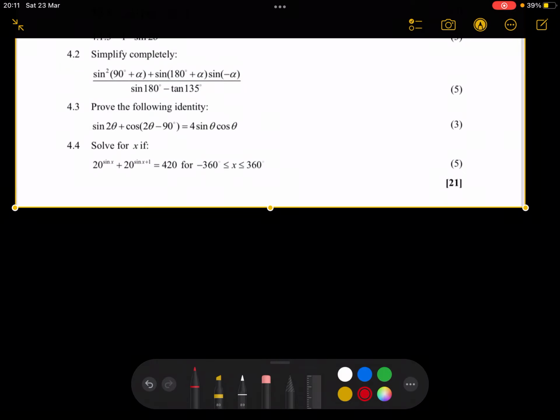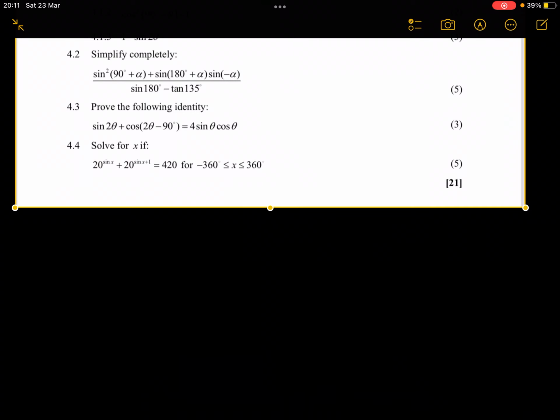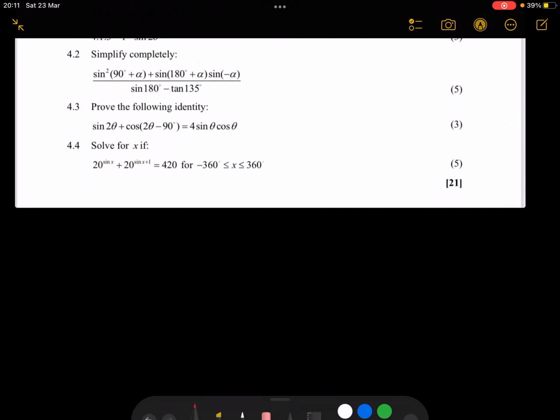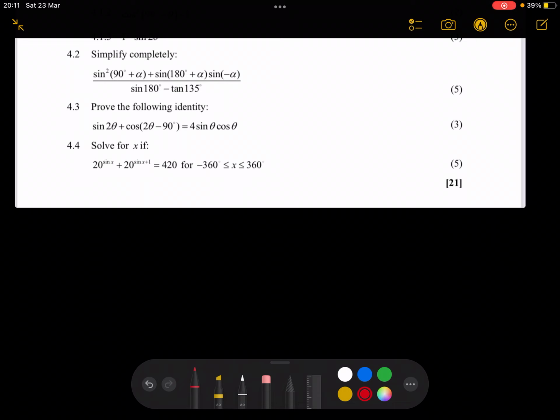Okay. So in question 4.2, we are looking at simplifying, which is basically a reduction formulae type of question.